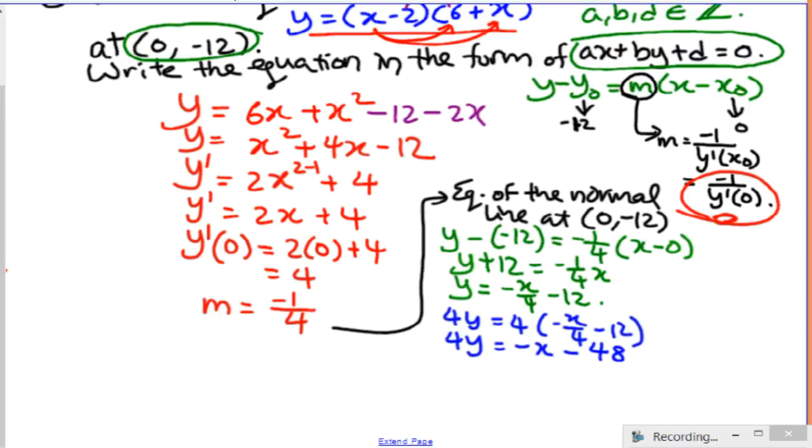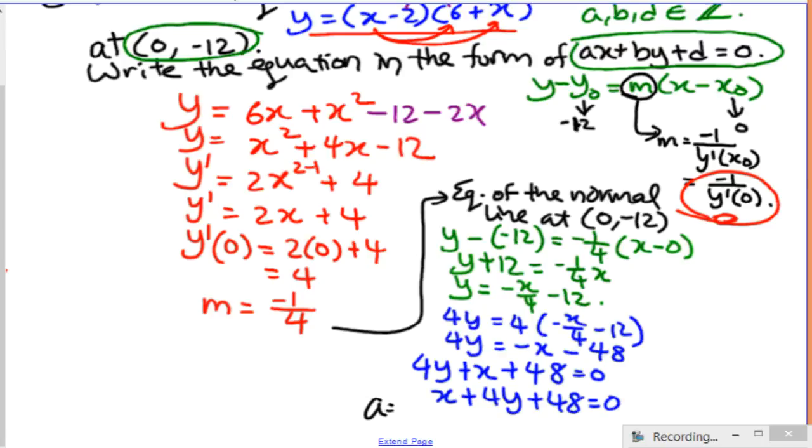Therefore, my answer here will be 4y plus x plus 48 equal to 0. Or I can rewrite it as x plus 4y plus 48 equal to 0. That is a equal to 1 and b is equal to 4 and d is equal to 48. So here's the equation of my normal line.